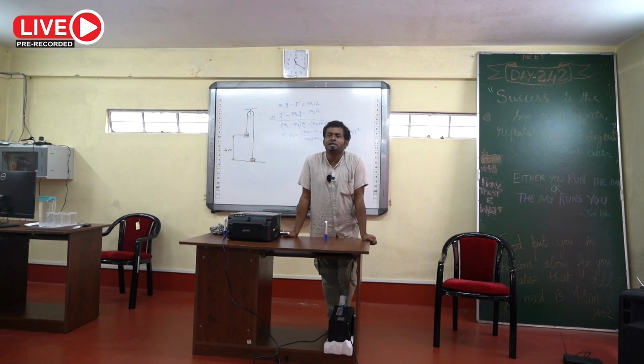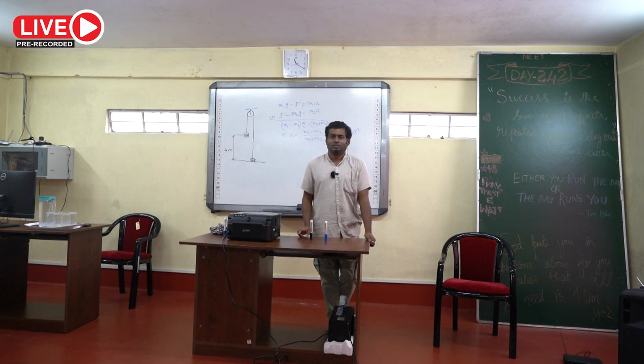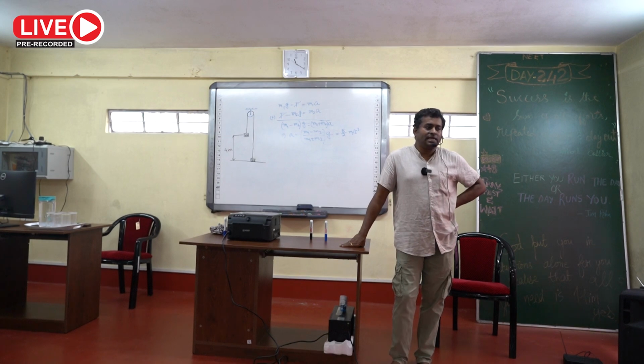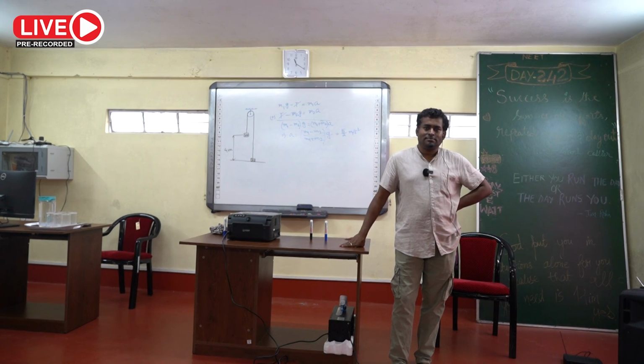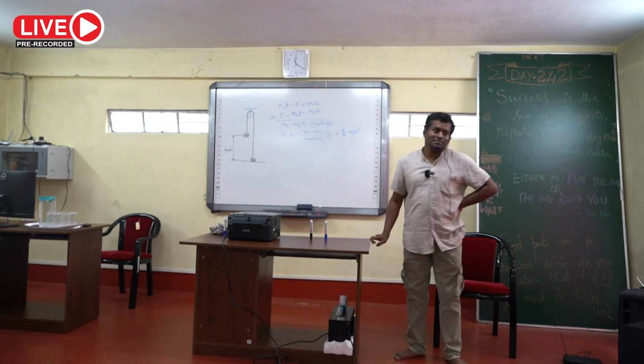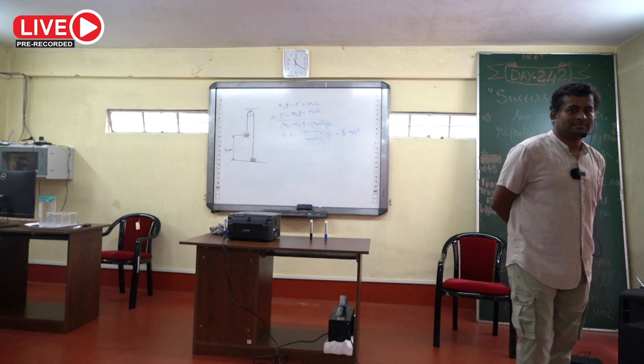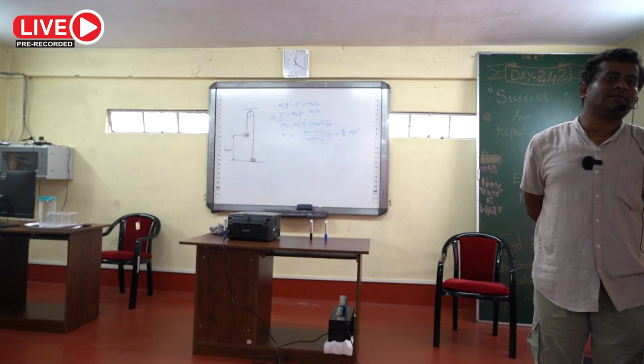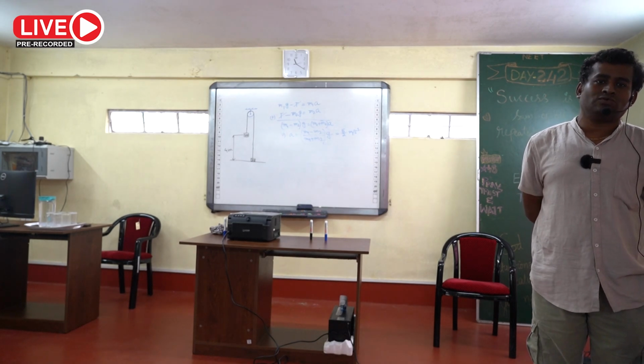Find the maximum height reached by the 3 kg mass above the ground when it is released. How much will it rise? Will it rise above the ground? The 3 kg mass.